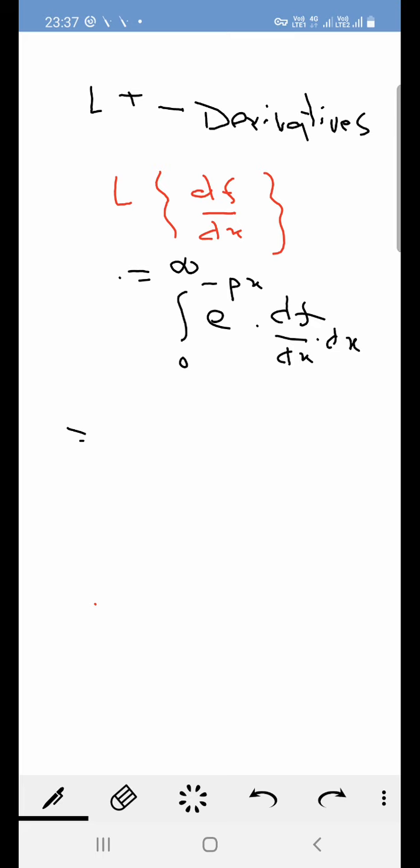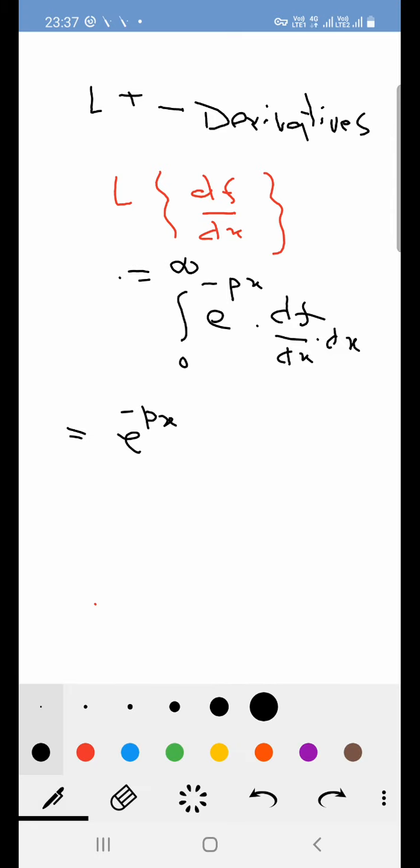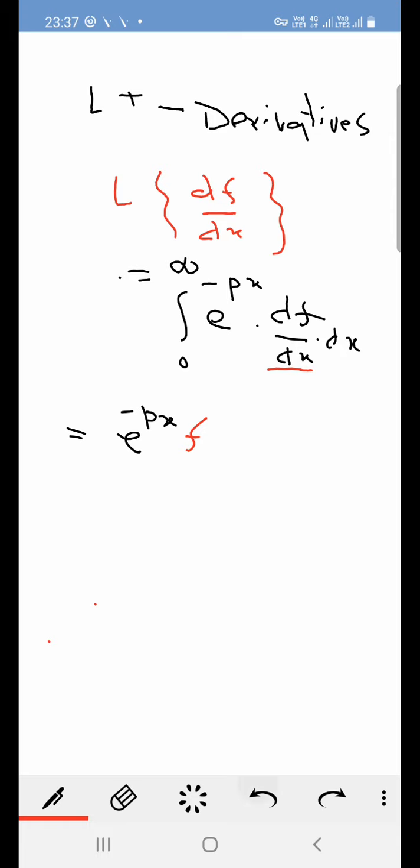Proceeding further by integration by parts, this becomes e to the power minus px into the integration of df by dx, which will be f(x), with limits from 0 to infinity, plus, here it's minus, the differentiation of e to the power minus px.